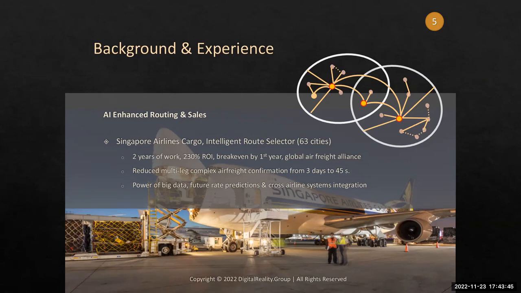As you can imagine, there's a lot of AI that has to be done beforehand, and within 45 seconds an answer needs to be given to the customer, depending on the amount and the rate that he or she is willing to pay.